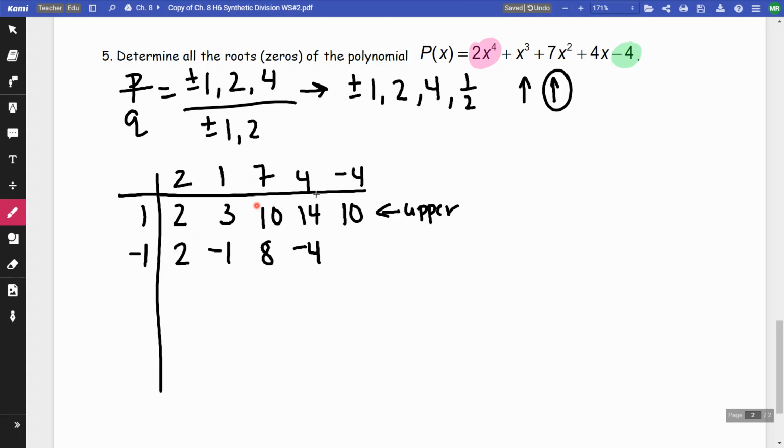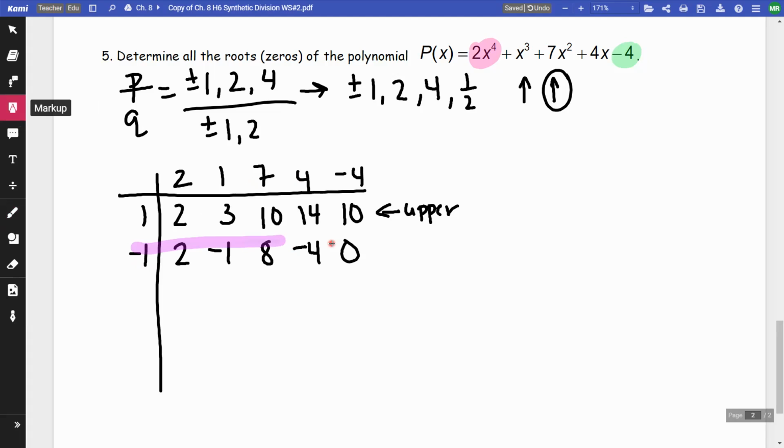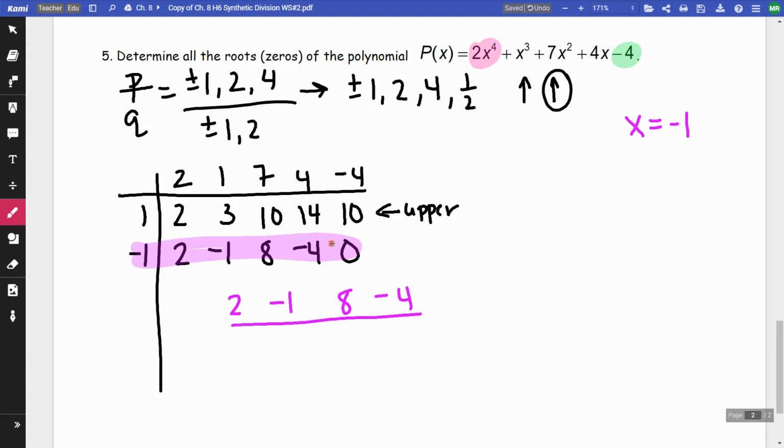I add it to -4 and I found a 0. So I have a 0 here. One of my answers is going to be x equals -1. Now I'm going to take my 2, my -1, my 8, my -4, and continue. This is now a degree 3.